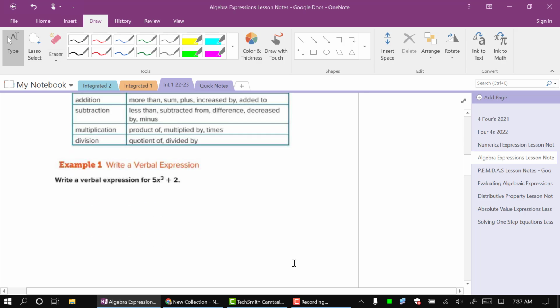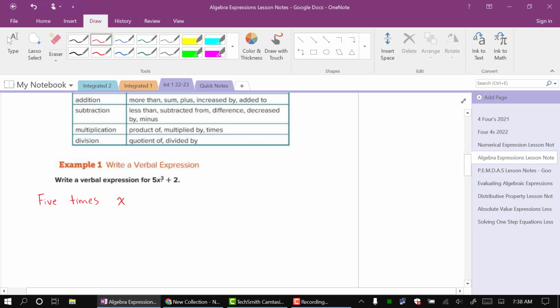So what we want to do is translate, or write these out as a verbal expression from their algebraic expression. So let's take a look at the first one. We have this 5 touching the x. When the 5 is touching the x, that means 5 times x. Now that little 3 is known as a power.